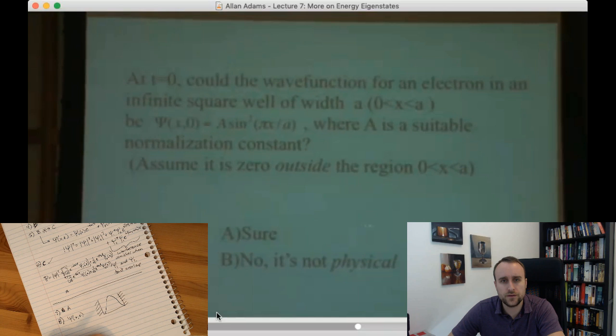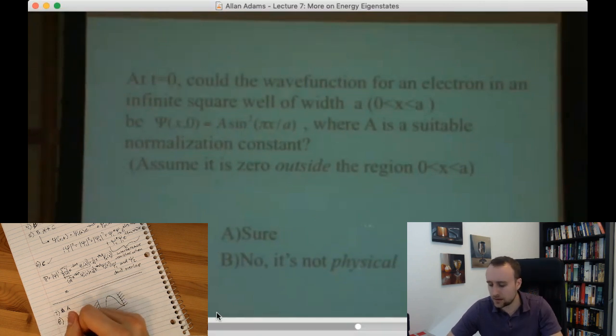Sure, no, it's not physical. So I guess the question is, can you construct sine squared out of energy eigenstates? I'm going to say A. Yeah, you can make this. That's my theory, at least. Let's see why I'm wrong.